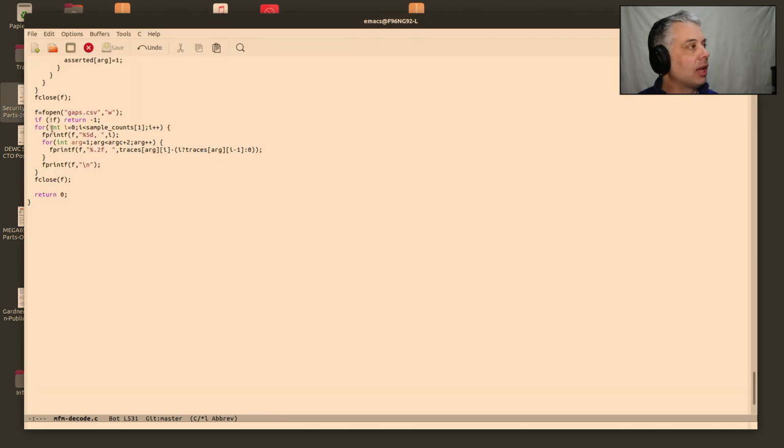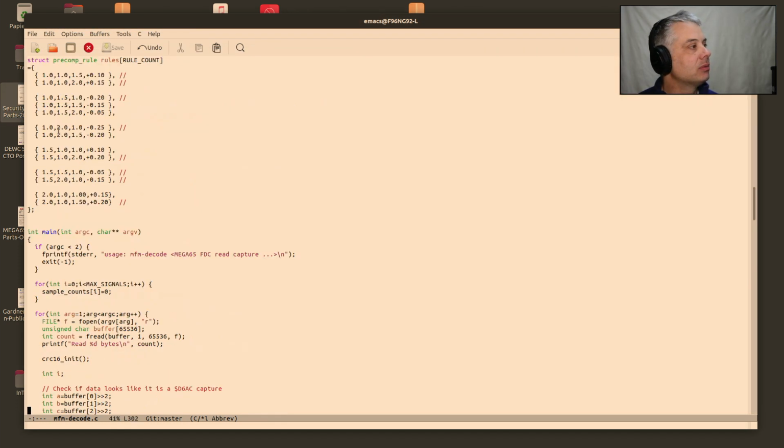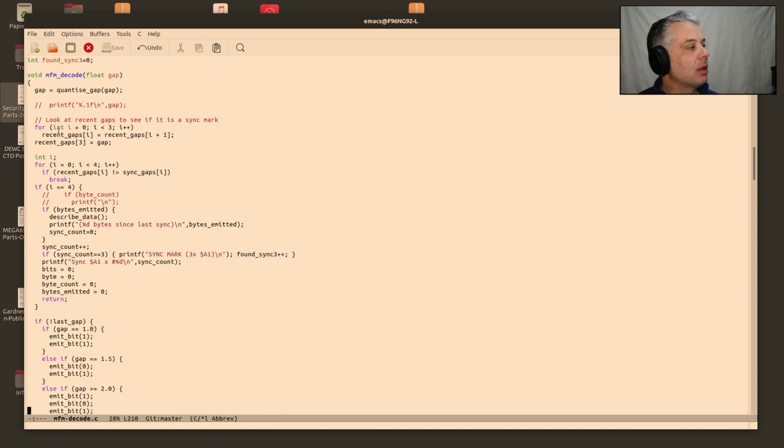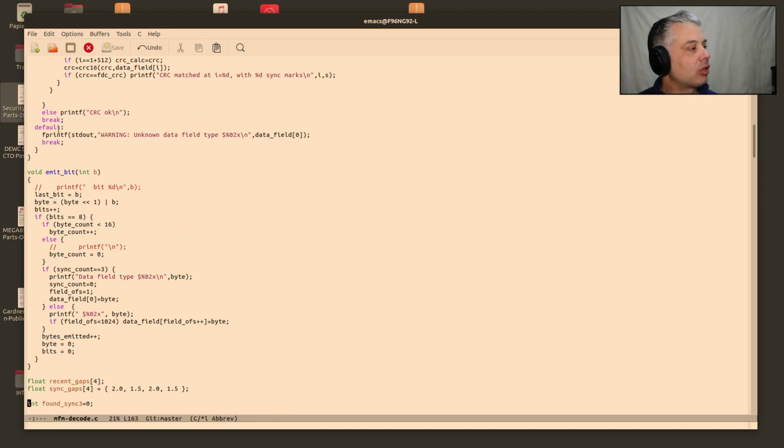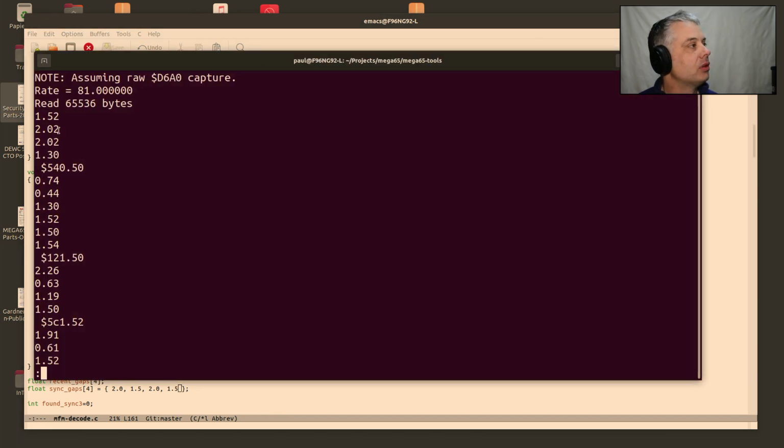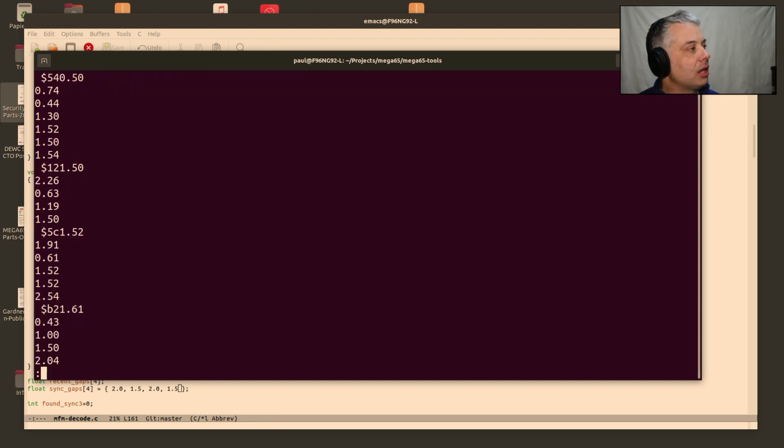So a sync mark in MFM looks like 2.0, 1.5, 2.0, 1.5. So we should see such a thing at some point.